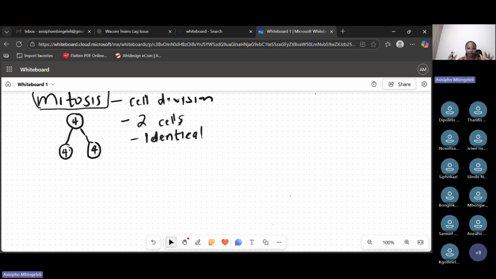How is this possible? Remember, in our second lesson, we spoke about DNA replication, and we said this DNA replication occurs in the nucleus of a cell, whereby DNA is going to replicate and make a copy of itself. So this is exactly why DNA replication has to take place before cell division.